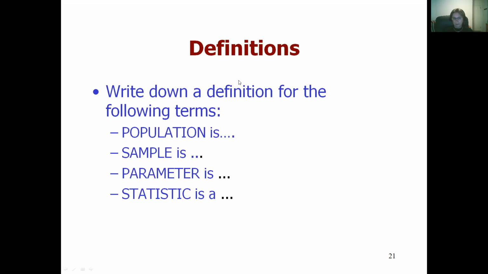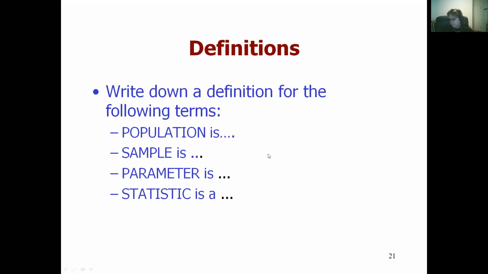So do it in your Google Doc. Again, I'm not looking for formal definitions. I don't need you to Google. Of course, I know you can Google. I want you to think what they are. And if somebody is brave enough to perhaps type in the answer in the chat, what is a population?